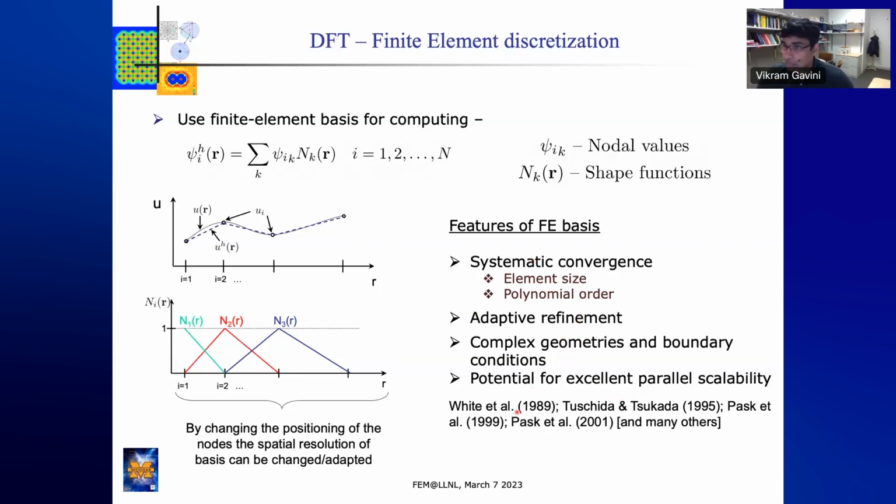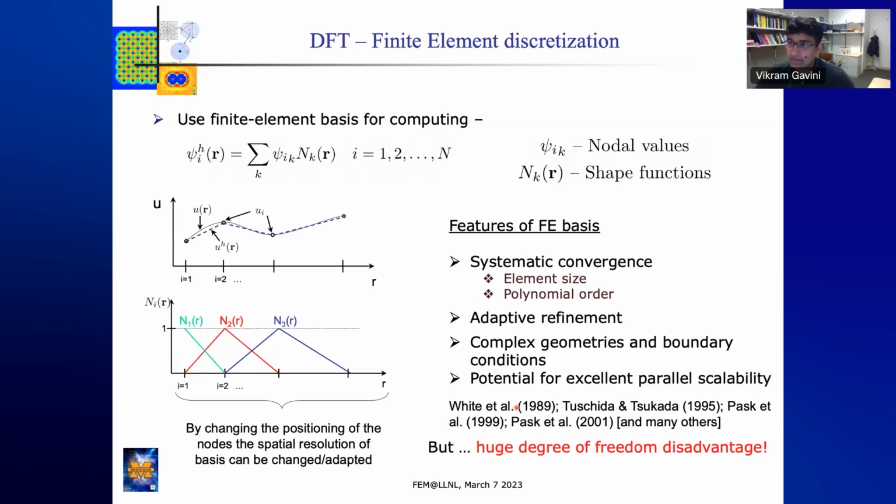And in fact, there were many works which explored the use of finite elements for electronic structure calculations, dating back to the mid-1980s. But what people saw in these studies was that there was a huge degree of freedom disadvantage.